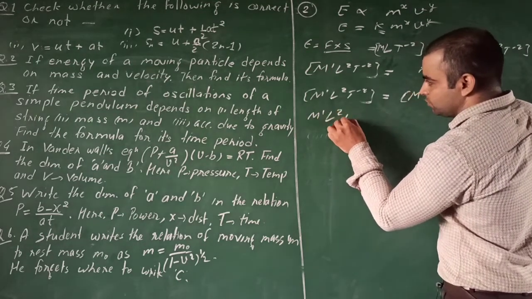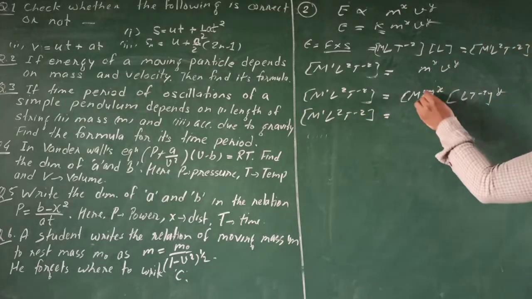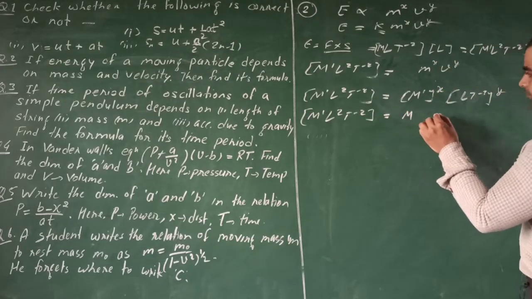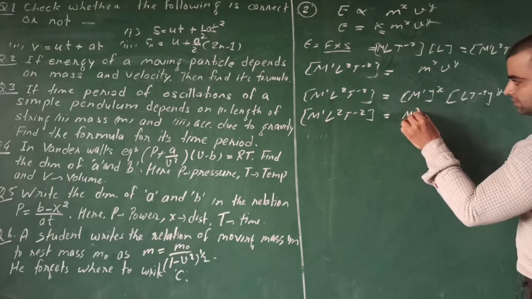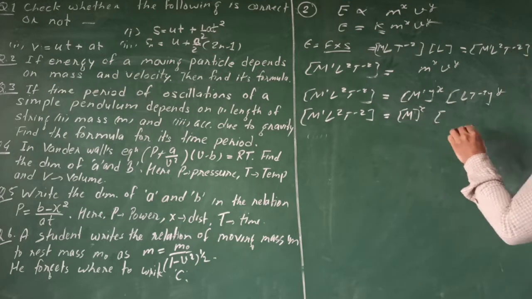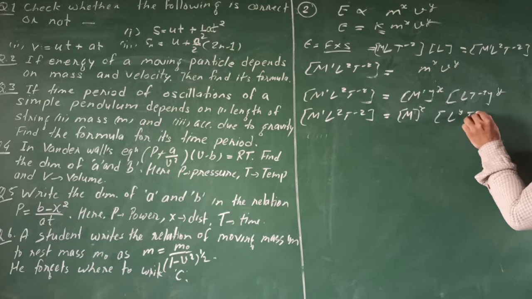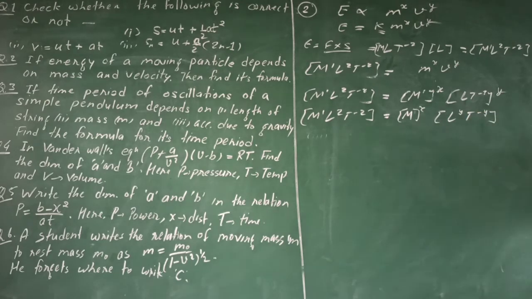M1 L2 T minus 2, here M^x, you can say, and L^y T minus y, we can say.